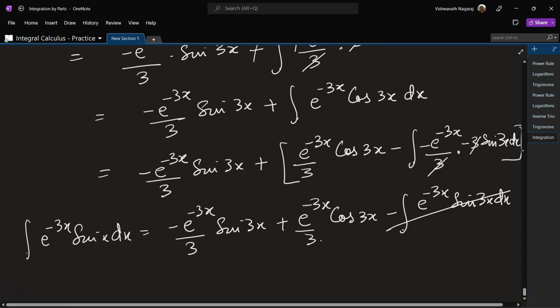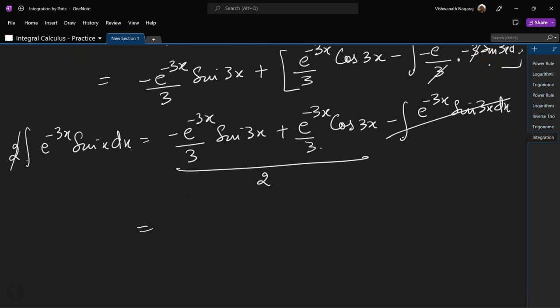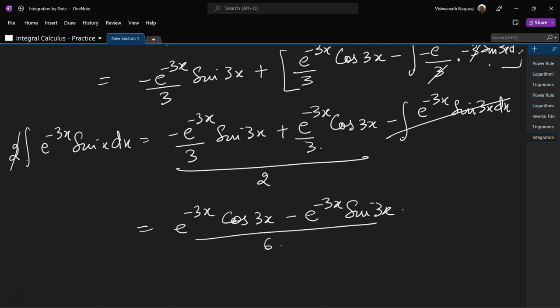So if we take it to the other side, this becomes 2, and if we bring back this 2 to this side, we get by 2. So what we end up with is e to the power of minus 3x, let's take the cos positive first, cos of 3x minus e to the power of minus 3x sine 3x by 6.